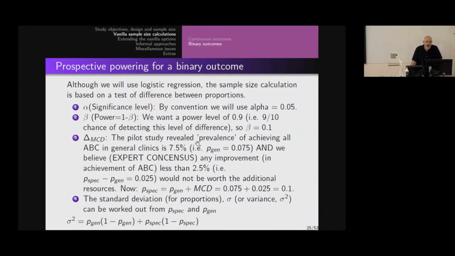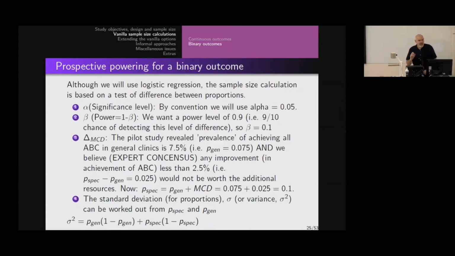Now, a pilot study revealed that general medical clinics, our baseline value in other words, have about a 7.5% achievement of ABC rate. In other words, 7.5% of patients achieve all 3 clinical targets.